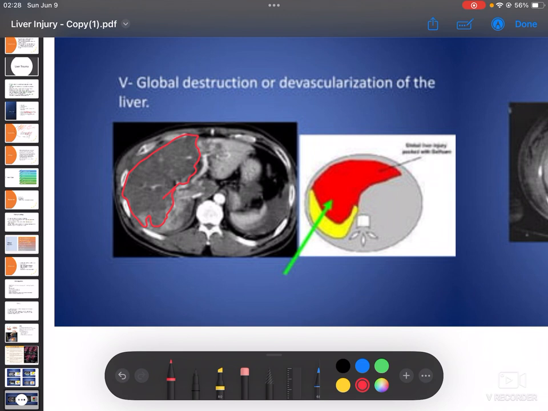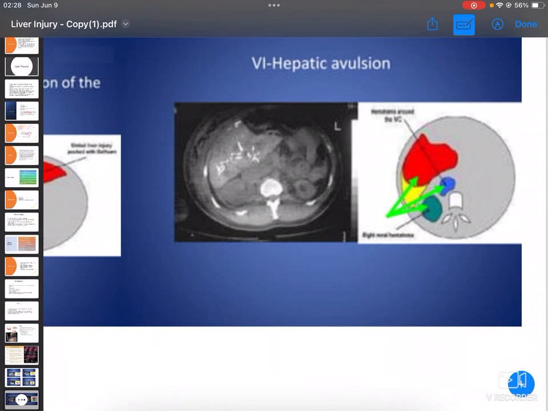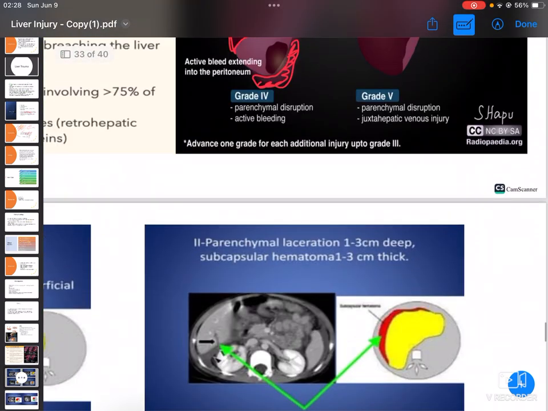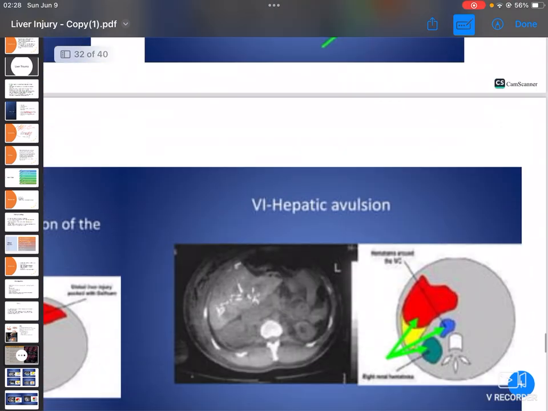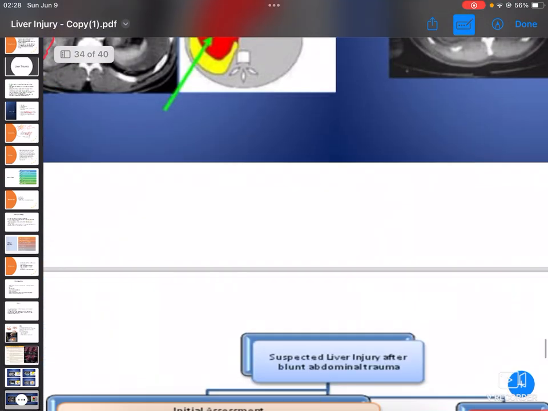So this is grade 5. And grade 6 is hepatic avulsion, complete avulsion of the hepatic vein, completely shattered.